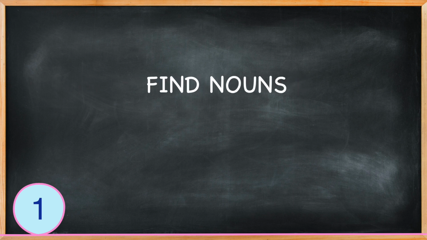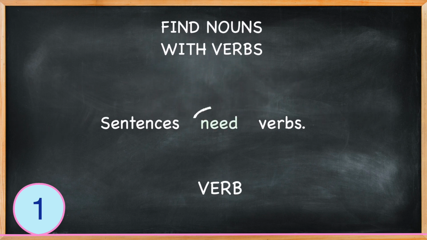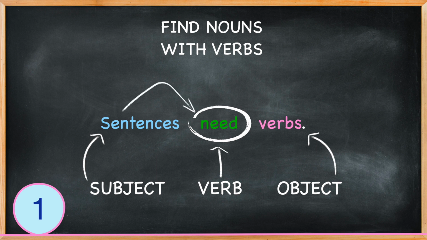Another way to pinpoint your nouns is to firstly find the verbs in your sentence, and then to see if they have either subjects or objects. Subjects are who or what is doing the action of the verb, and objects are who, whom, or what is receiving the action of the verb.